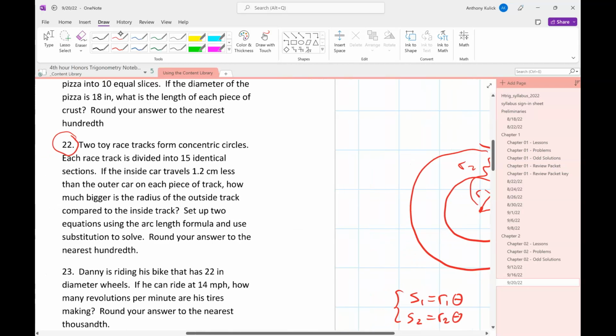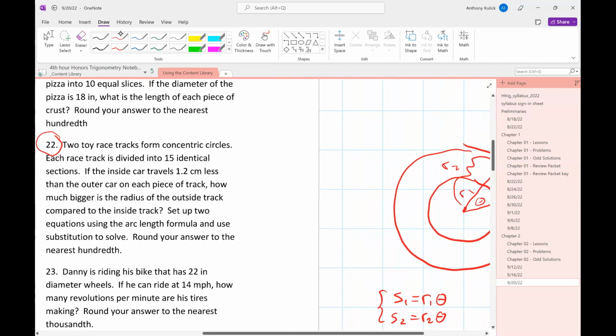All right, well, let's go back to the problem. It says that each track is divided into 15 identical sections. Oh, that tells me something. That tells me that my theta is going to be one full circle in radians. How much is that? 2 pi. So each one of those angles is going to be the full circle divided by 15.